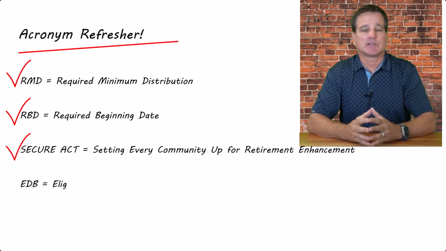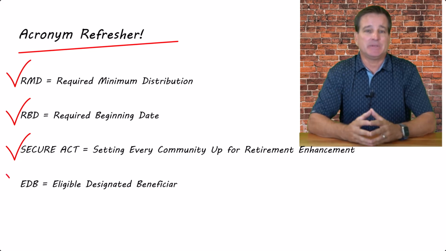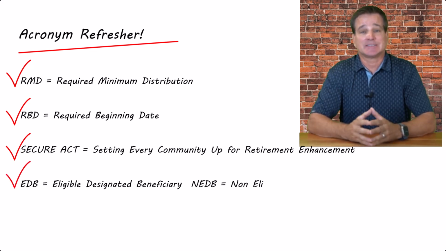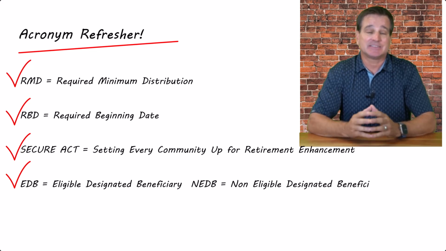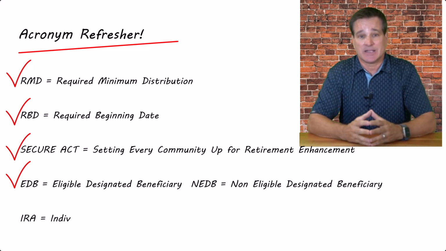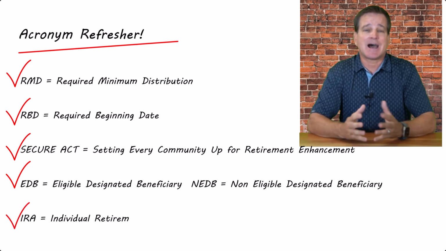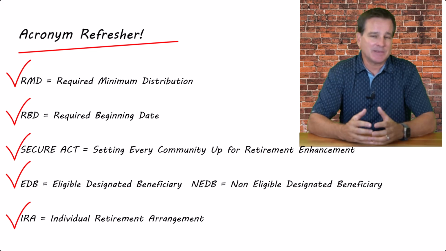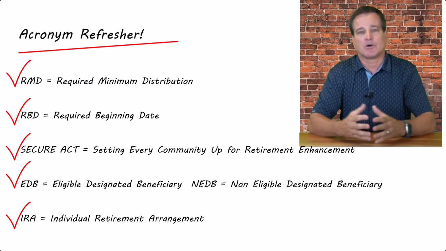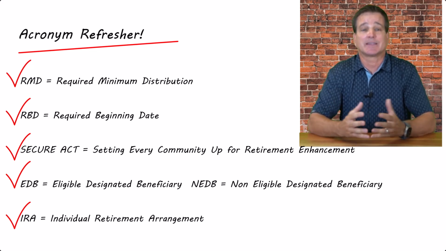This act was originally passed in December of 2019. EDB stands for Eligible Designated Beneficiary, and NEDB stands for Non-Eligible Designated Beneficiary. And of course, IRA stands for Individual Retirement Arrangement. According to the IRS, we all call them individual retirement accounts.